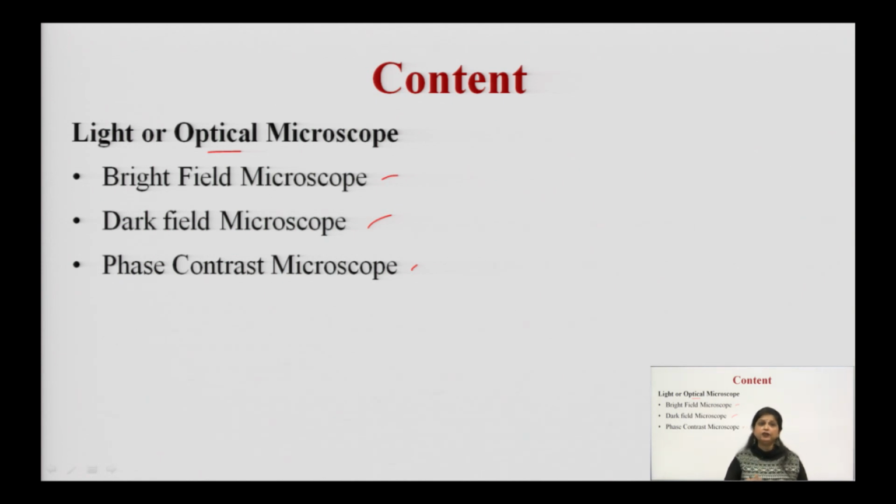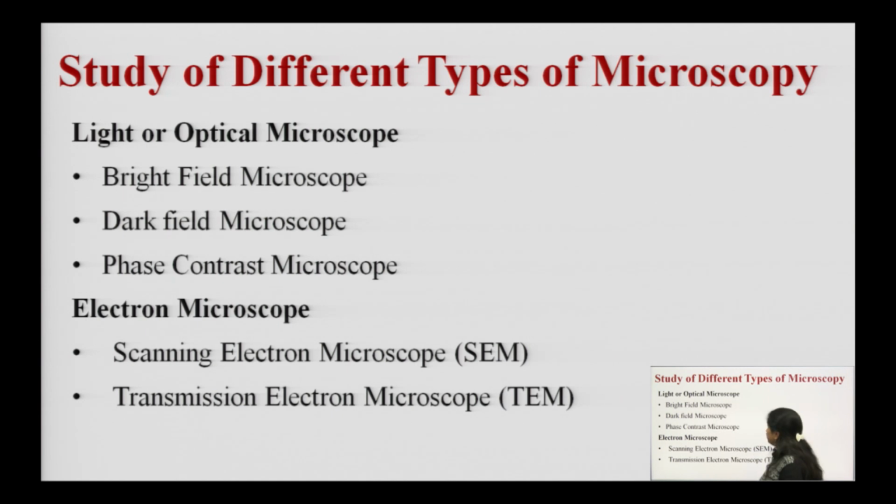So, these three microscopes come under optical microscopes or light microscopes. We are having even the advanced versions of microscopes too. Microscopy actually deals with the study of various microscopes available to us. What is the need of studying microscopy? We can't see microbes without microscopes.